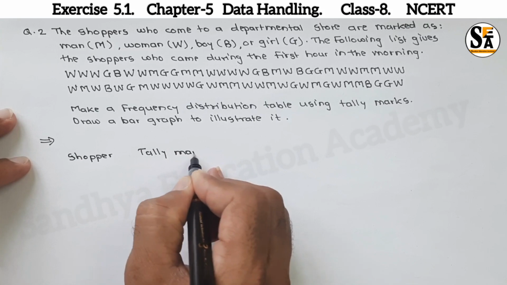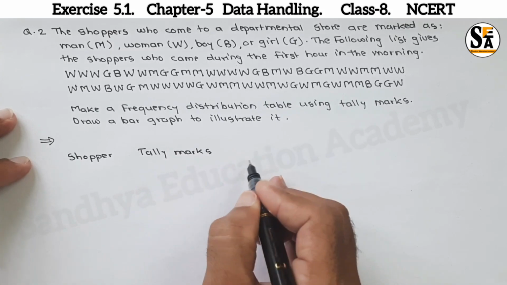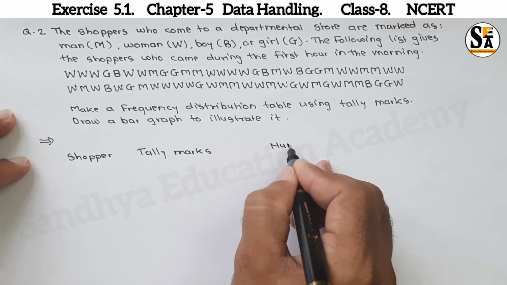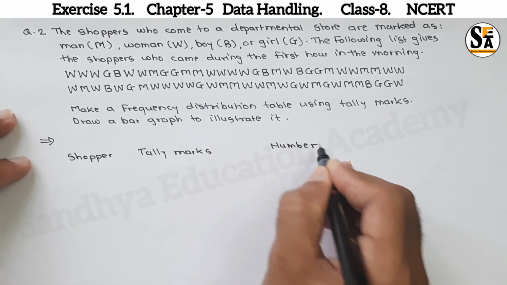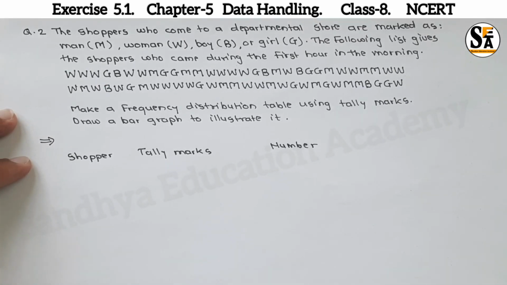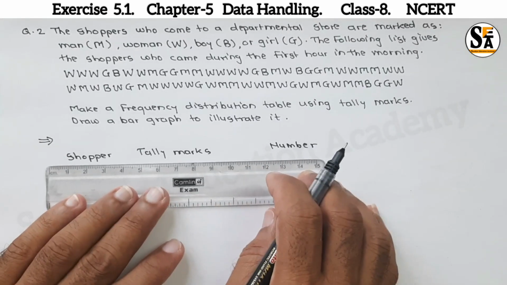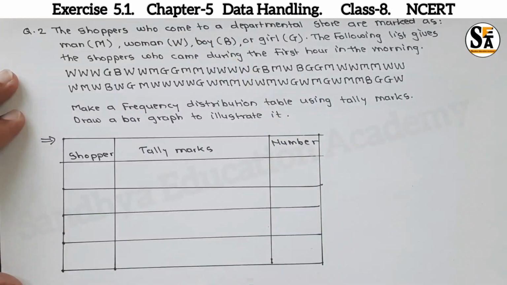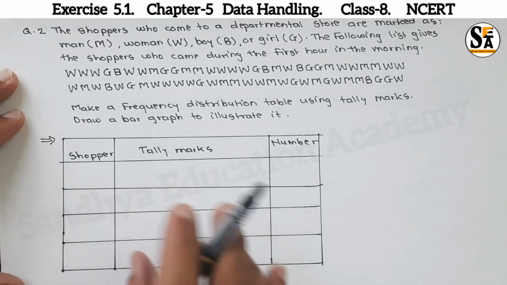And here we will make the total of tally marks and find the total number. So let's make a table here. So this is our frequency table.